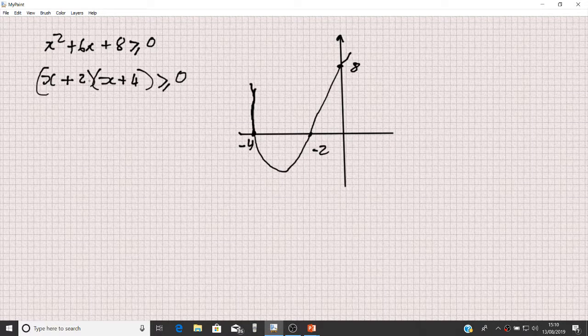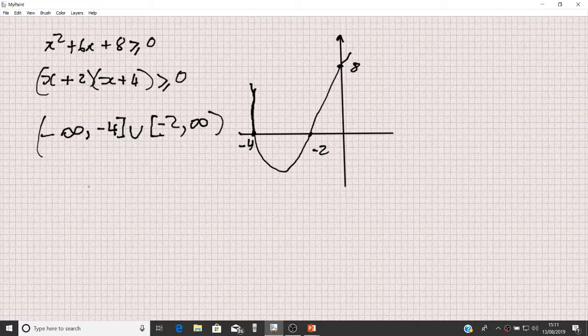So in that case we will have two ranges. We'll have from -infinity up to and including -4, we'll just put that in closed notation, together with the union of -2 up to and not including positive infinity.